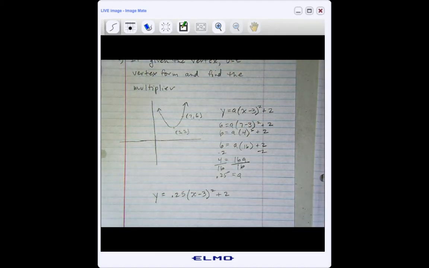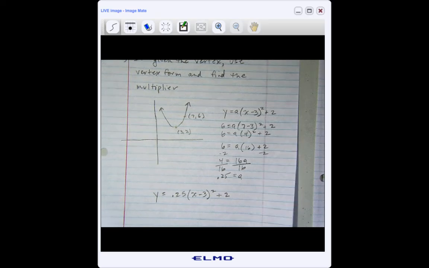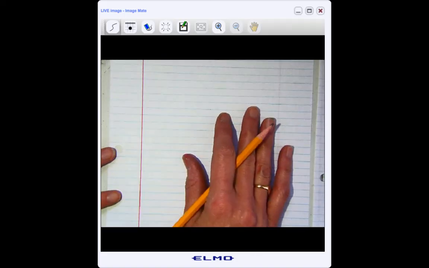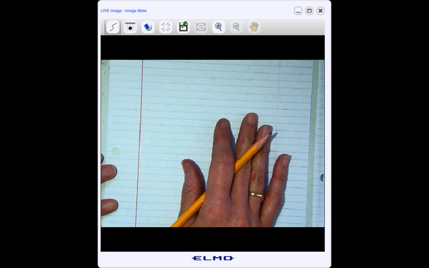Okay. All right, so here's the one that requires the most work. So if you're trying to find the equation of a quadratic and you're given the y-intercept, you're going to have to be given 2 other points, and this is the one that requires some work.